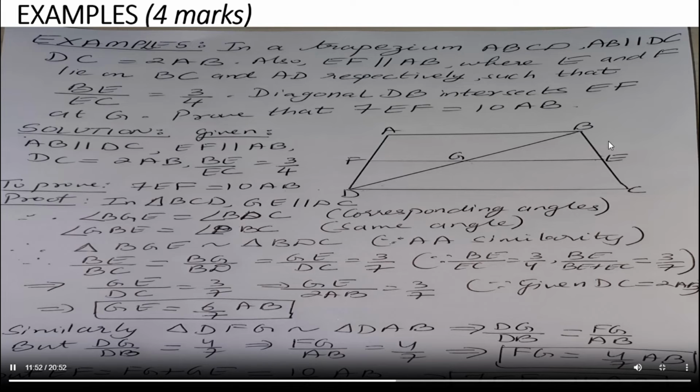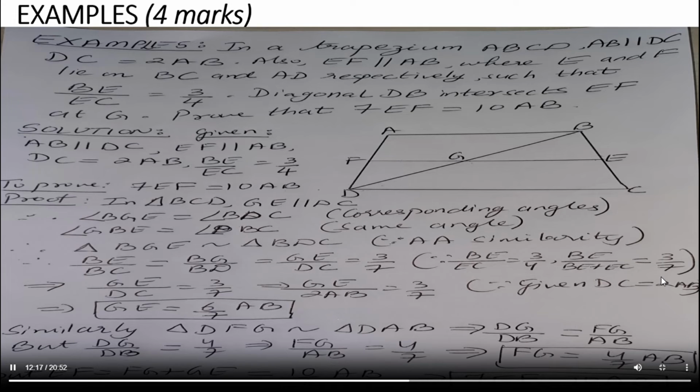Now since they are similar, the ratio of sides will be equal. Again I am saying take care while you write the ratio of the sides. BE upon BC is equal to BG upon BD is equal to GE upon DC. But BE upon EC is given 3 by 4. So BE upon BE plus EC will be 3 by 7.